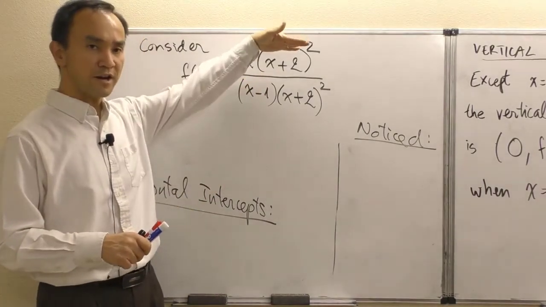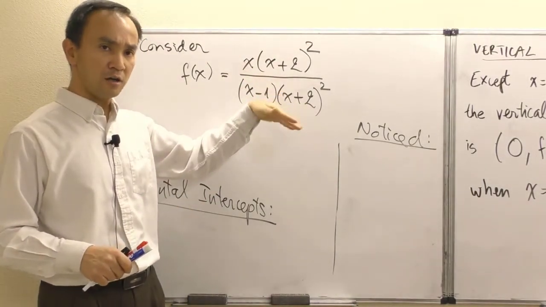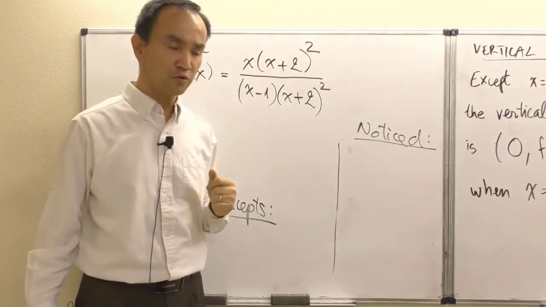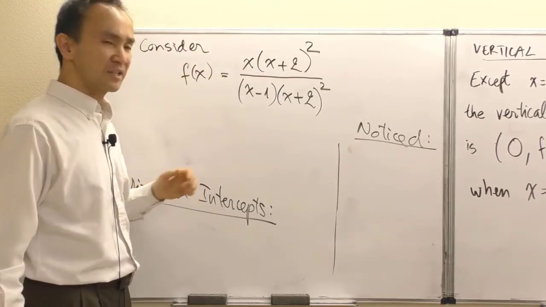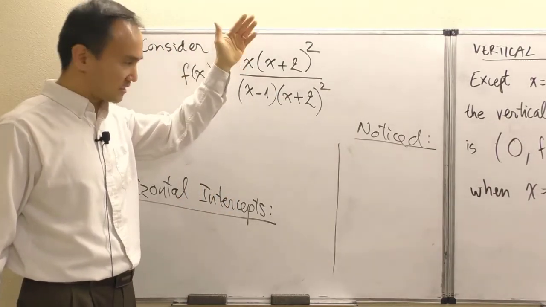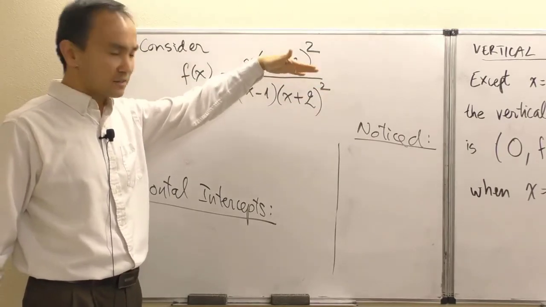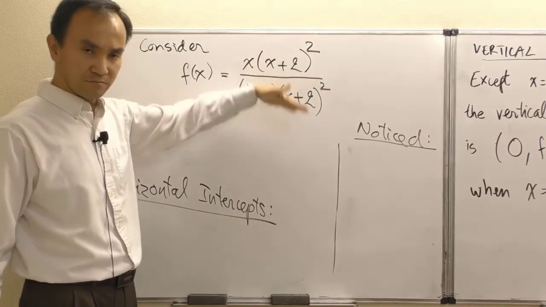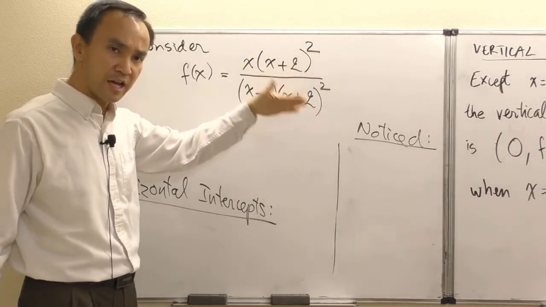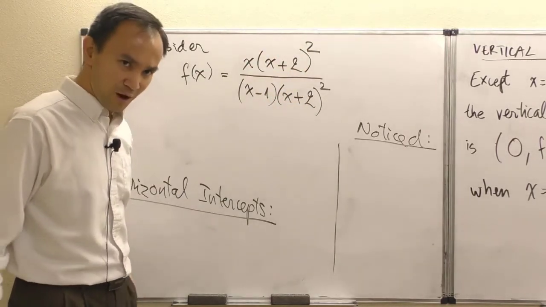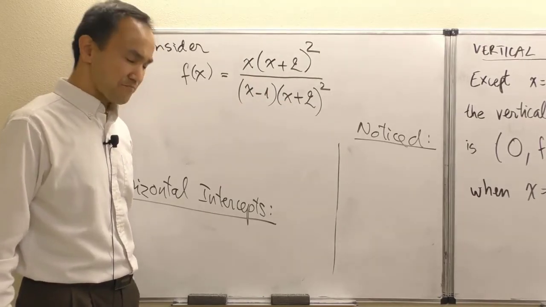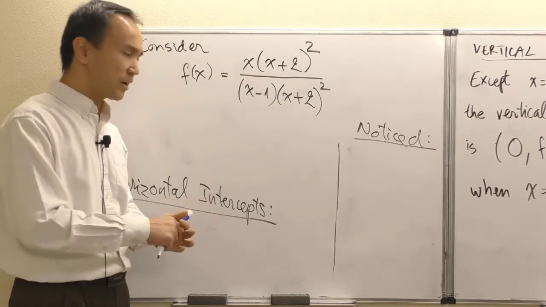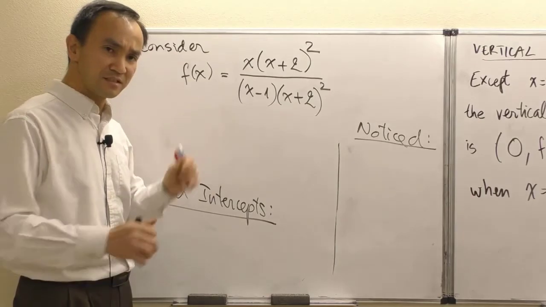Both numerator and denominator are polynomials. And this time, like I said earlier, I purposely brought in the form of the rational function where both numerator and denominator are already in factor form.